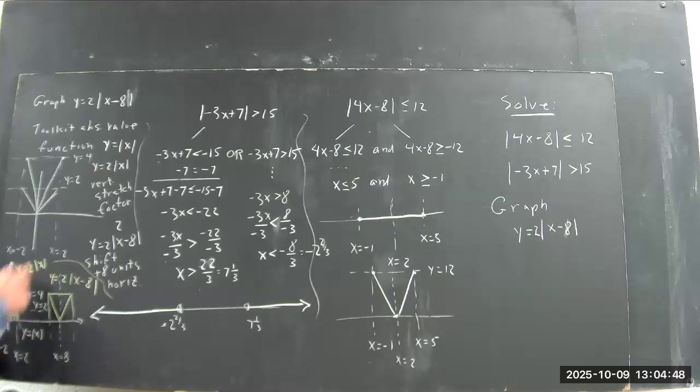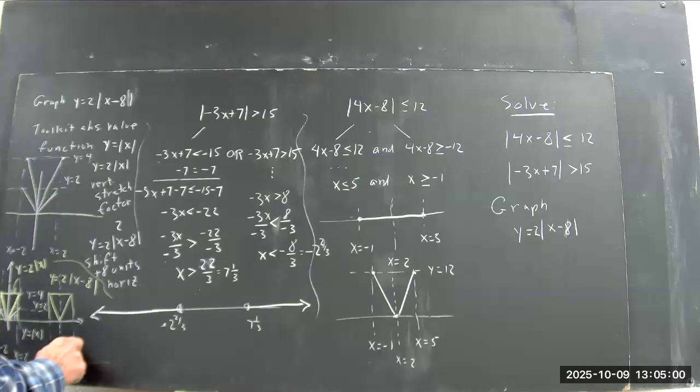This box is the same as this box. It's 4 units wide, centered at the x equals 8 line because that's where the vertex goes, which means that this is a line x equals 10. This is a line x equals 6.